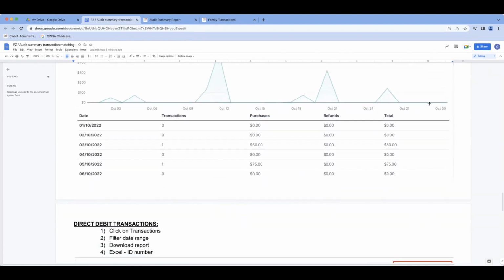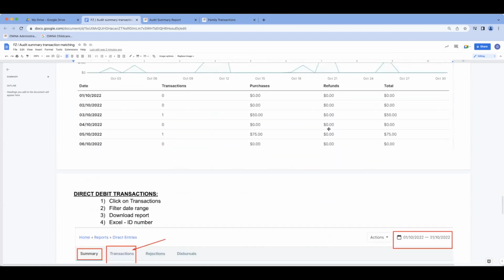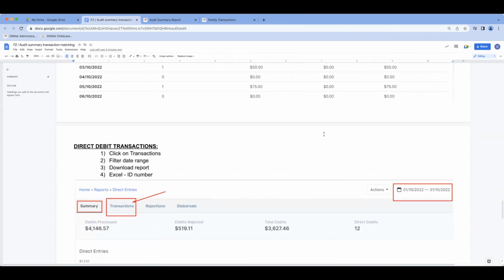Because once you click that, all my transactions are in front of me, but I want to actually VLOOKUP, for example, or compare all my transactions from my audit summary report in OWNA. So I generally click download detail report, and what you'll find, and I haven't done one because I don't want to use real data, is it comes out as an Excel sheet, and you'll see there is an ID column.